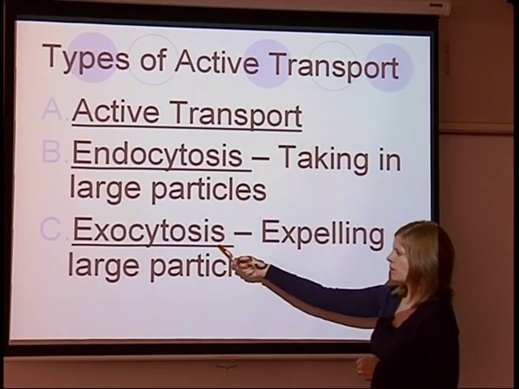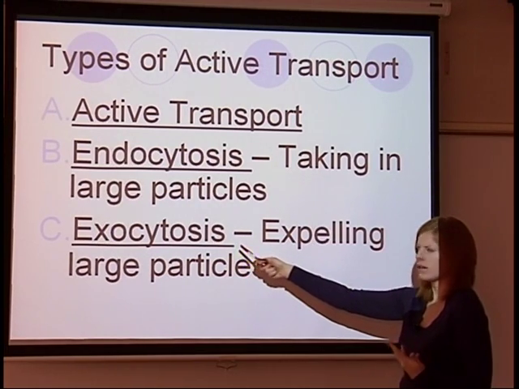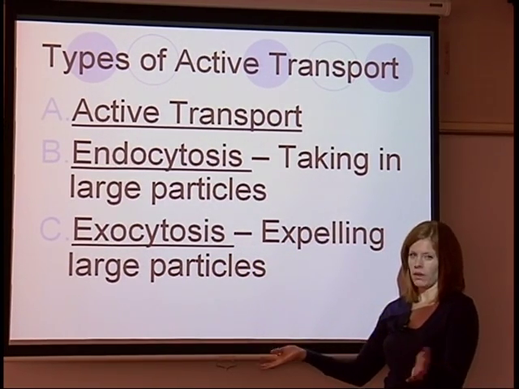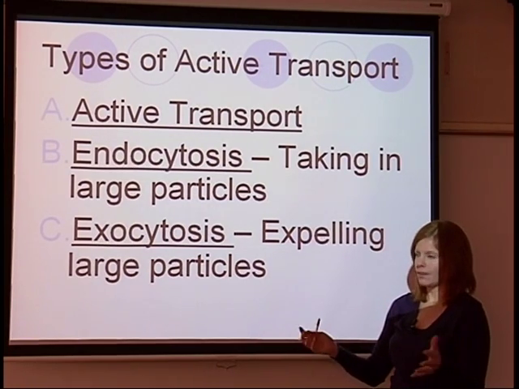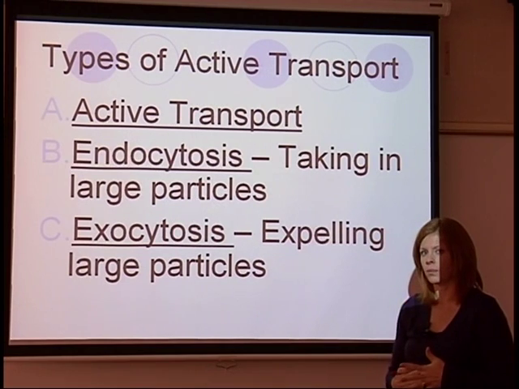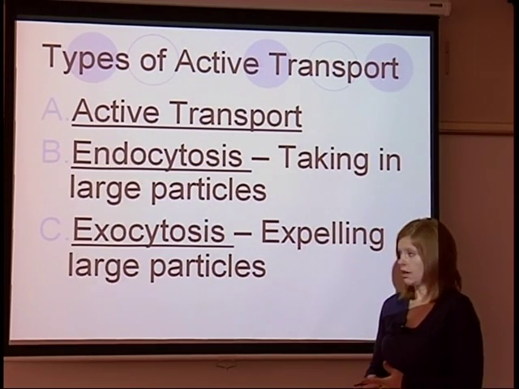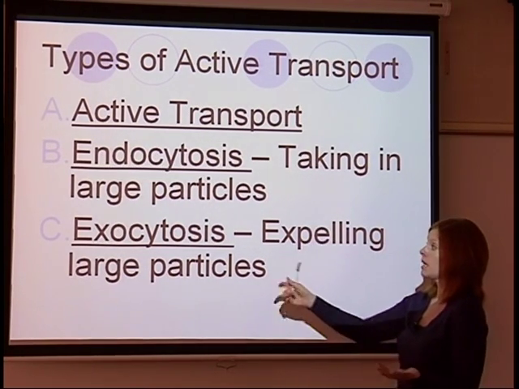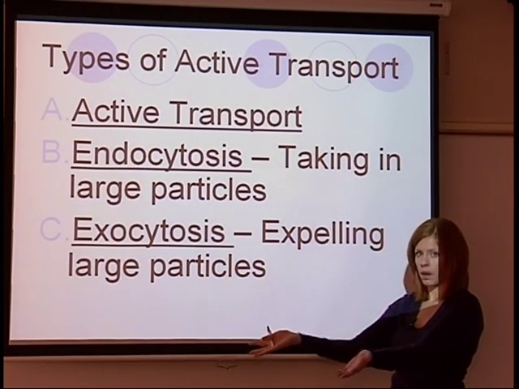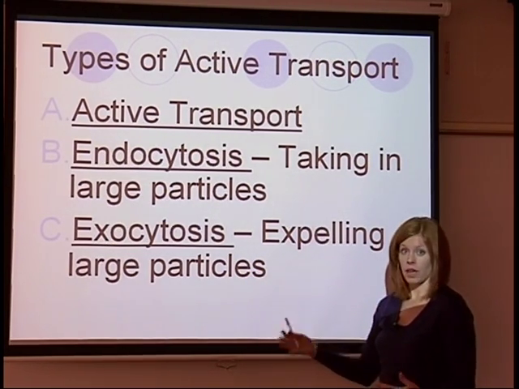And exocytosis is like exiting or leaving, so it's expelling or getting rid of a large particle. It's a little different than what we talked about right here, but it's considered active transport because it requires energy. This would be like an amoeba getting rid of waste. It just pushes it out through the cell membrane, which requires energy.